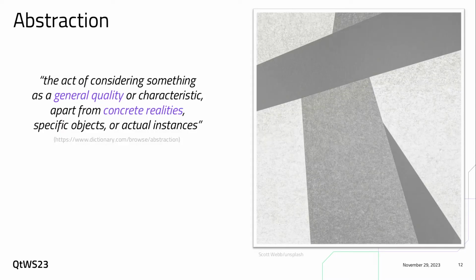And the second one is abstraction. What is abstraction? Abstraction is the act of considering something as a general quality or characteristic apart from concrete realities, specific objects, or actual instances.